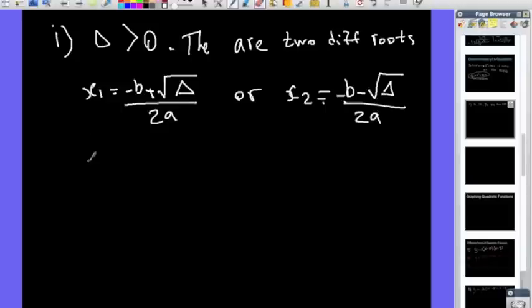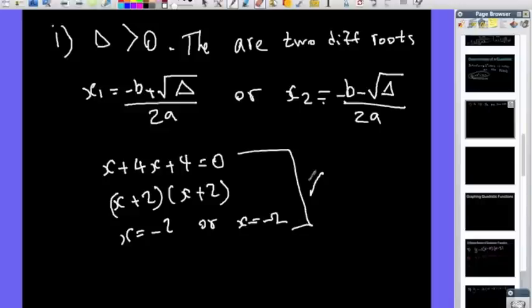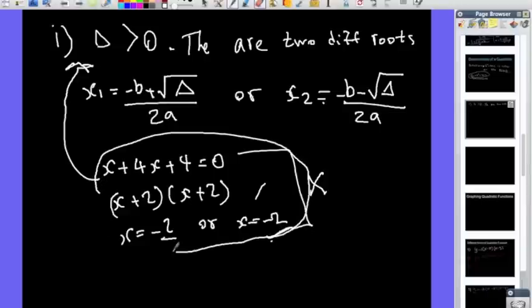This does not mean that if you get something like x squared plus 4x plus 4 equals 0, that means it's x plus 2 and x plus 2, which would give us x equals negative 2 or x equals negative 2. This does not apply to this rule at all, because even though we get two answers, they are not two different answers. Though this applies to the second rule, which I'm going to talk about next.